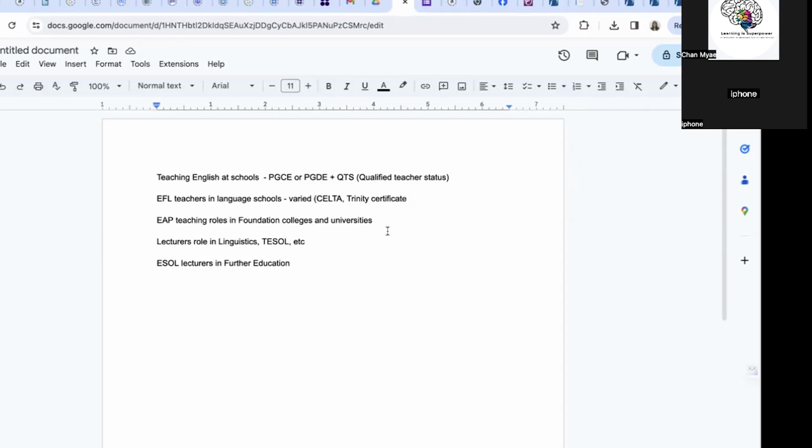Say you might have done a 120-hour TEFL certificate or LTTC diploma or something like that. For them, the course did not require you to do assessed teaching practices. So the key thing here is assessed teaching practices.